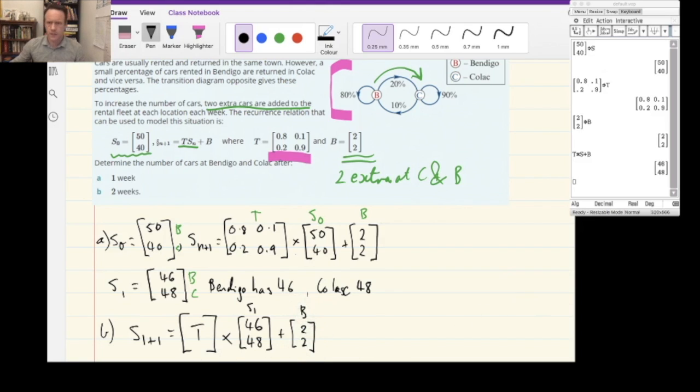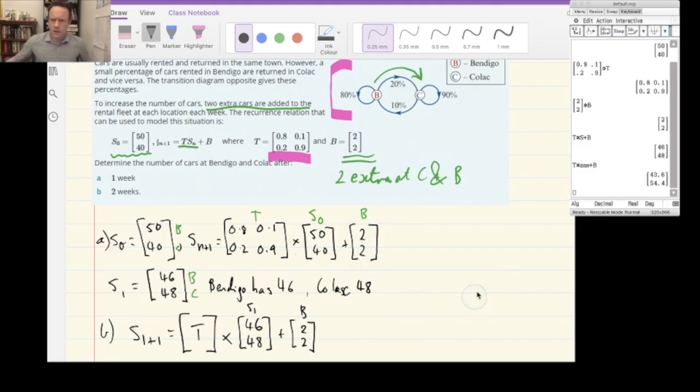Each week we get that. In your CAS, we've got an answer here, which is S1. We don't need to do anything with that, we just pop our answer in and then add B. And we get a result of 43.6 cars and 54.4.